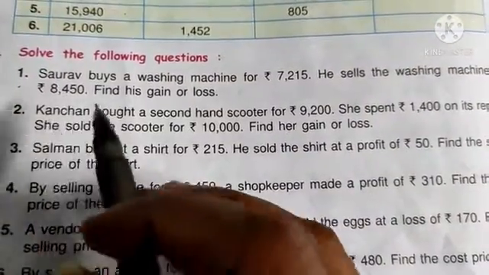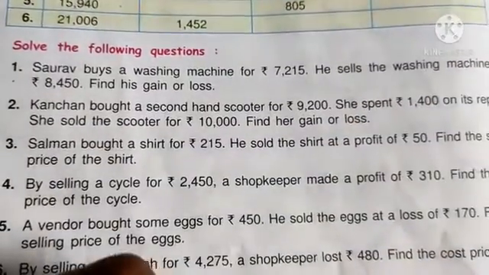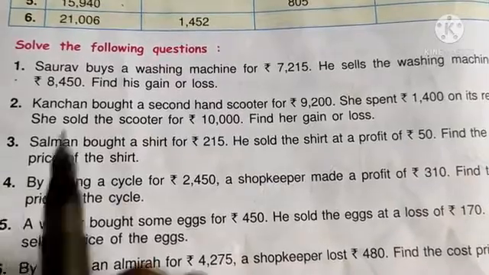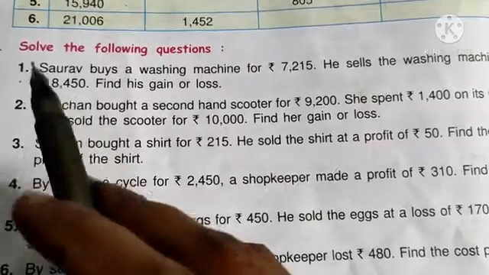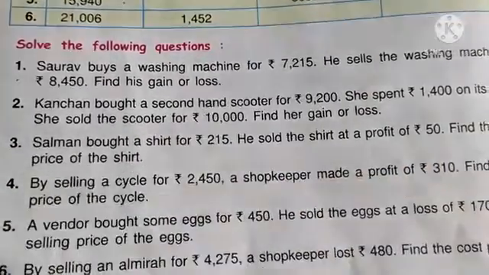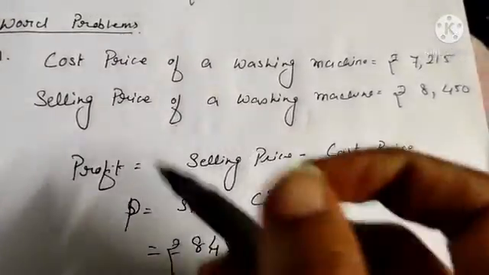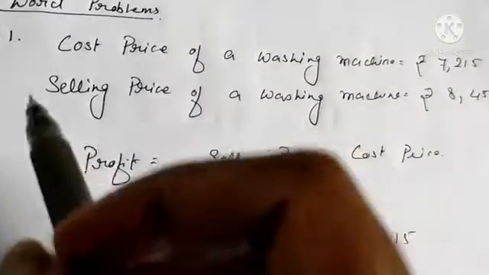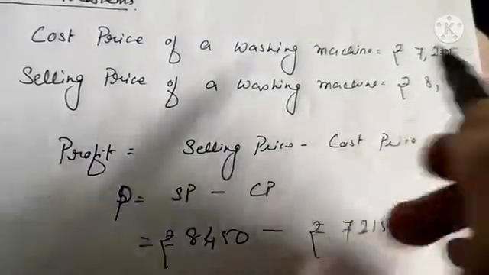So Saurav buys a washing machine for rupees 7,215 and he sells this washing machine at rupees 8,450. So he makes a profit, as the selling price is more than the cost price. Cost price of a washing machine is rupees 7,215. Selling price of a washing machine equals rupees 8,450.